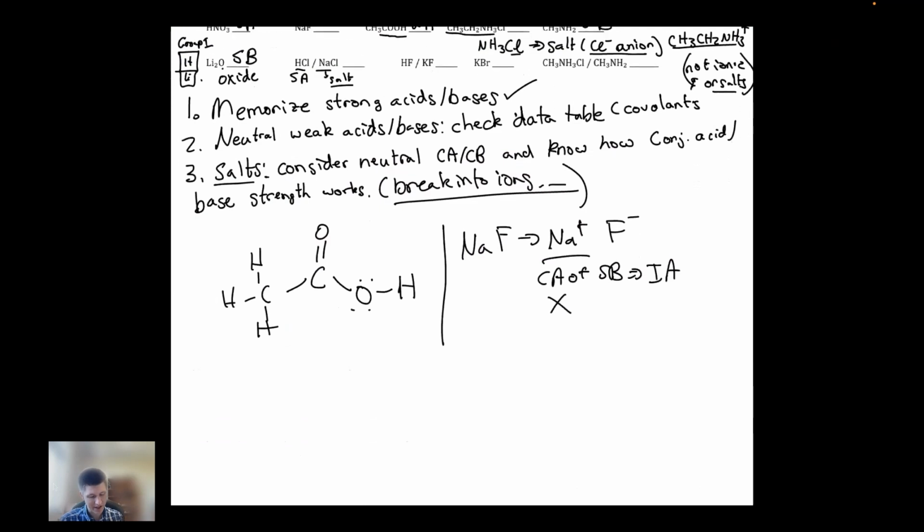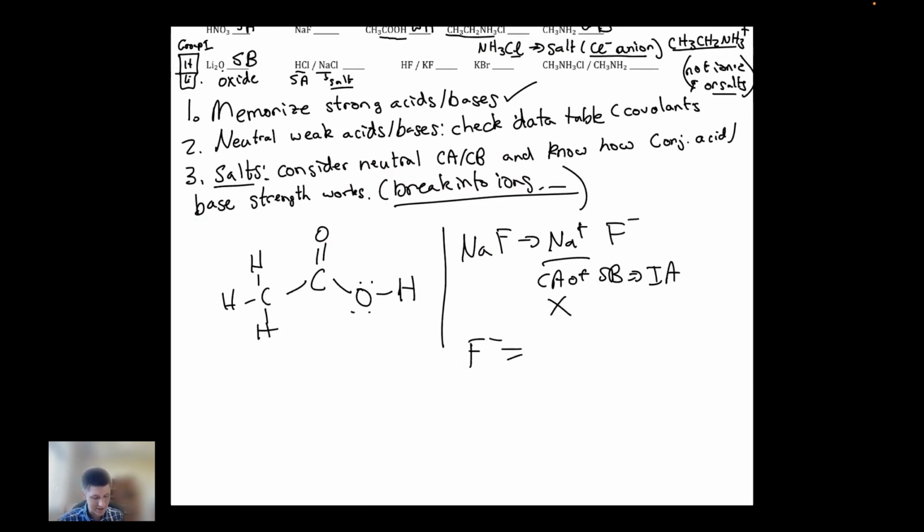F minus, on the other hand, we need to think about its conjugate acid. Its conjugate acid is HF. So we want to know, what is HF? Well, it's not one of our 6 strong acids. Remember, our 6 strong acids start at HCl, HBr, HI, and then we have the HXO, I'm just going to write it like this, like the oxy acids.